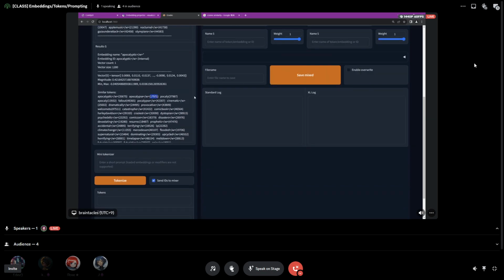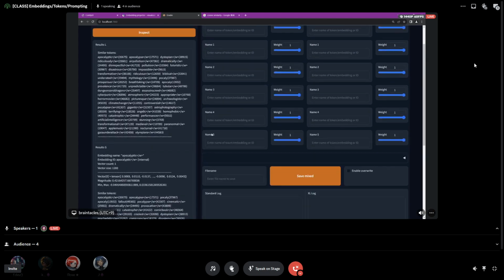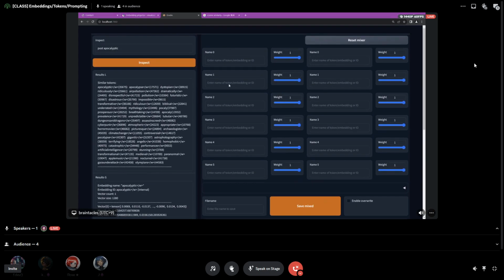But when you want to create an embedding, we're going to use what's called the mini tokenizer here, and we're just sort of enter a prompt or tokens, and we're going to tokenize them and send them to the right here.